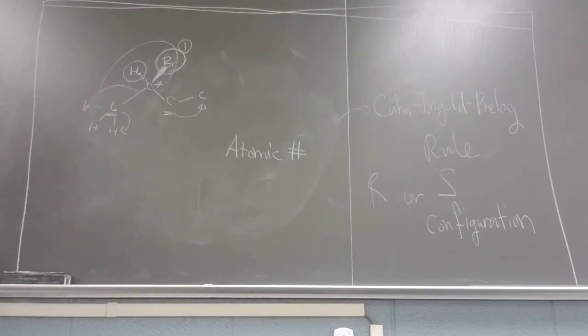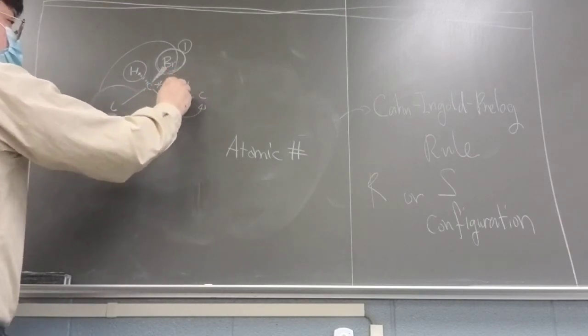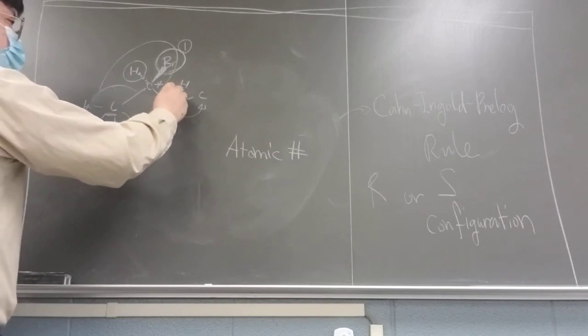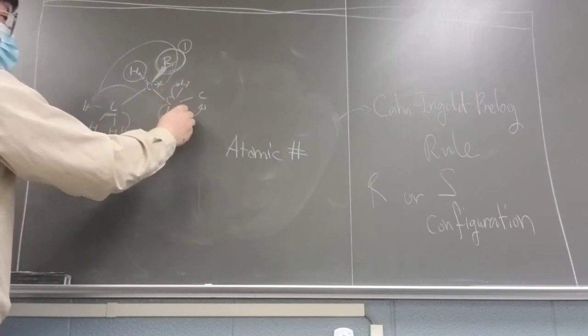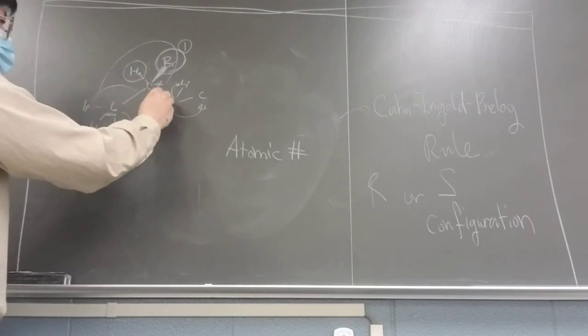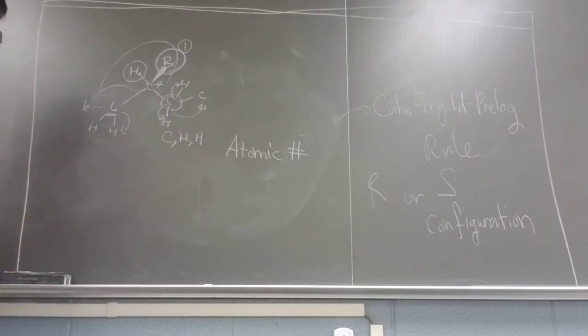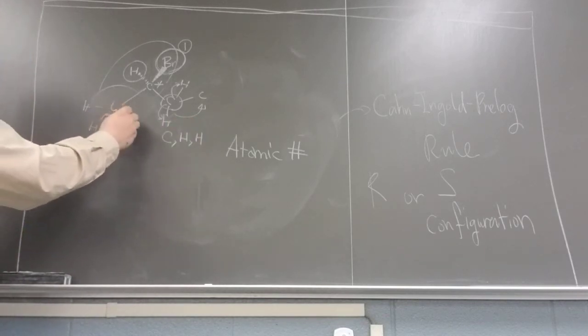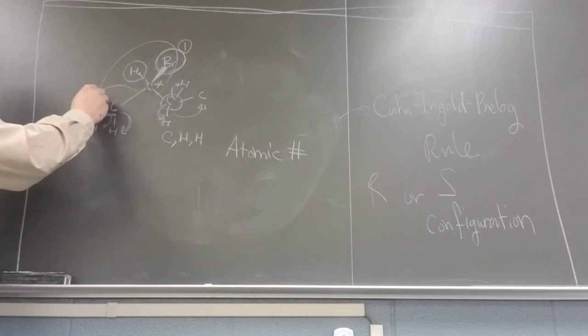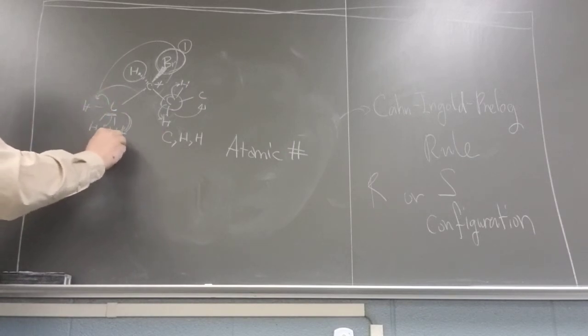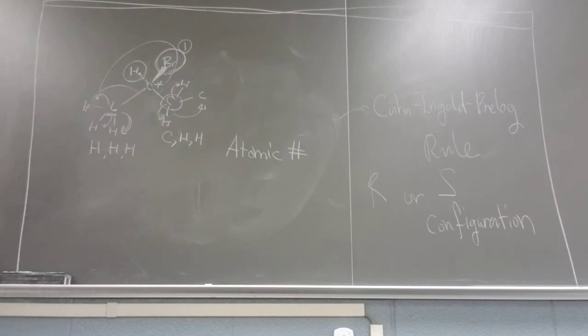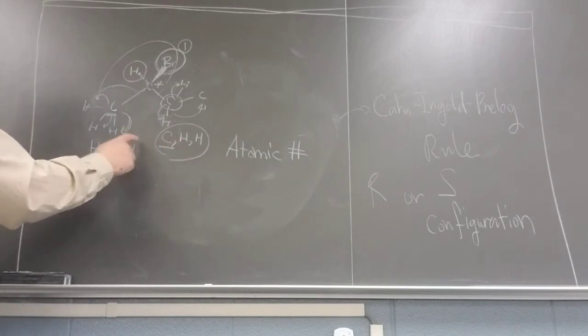Once again, you have 2 hydrogens and 1 carbon bonded to this carbon here, so this will be C, H, H. And this one is hydrogen, hydrogen, hydrogen. Because carbon is higher in atomic number than hydrogen, this will be prior to this one.